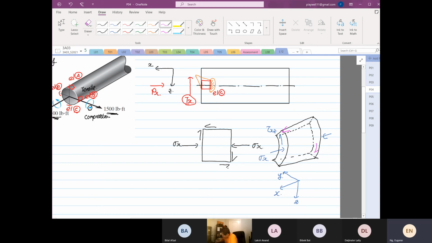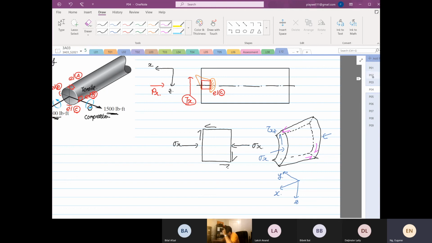We have a shear component here, a shear component here. So now from here, you have to sketch where our stresses are acting, or not stresses, sorry, I take back that word.